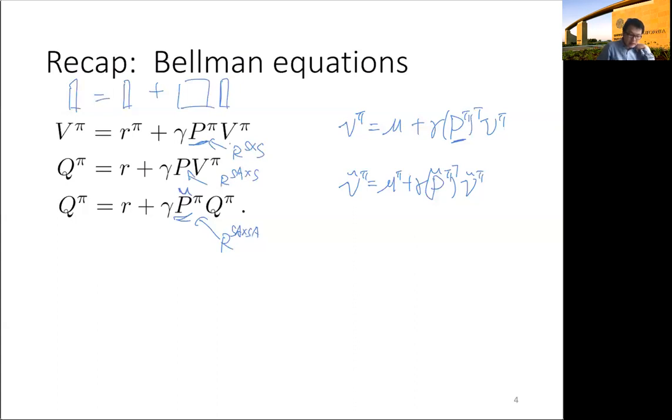Okay. And on the flip side, there are these notions called occupancy measures, which measure the expected number of times that your agent will visit particular state action pairs throughout the entire infinite horizon.